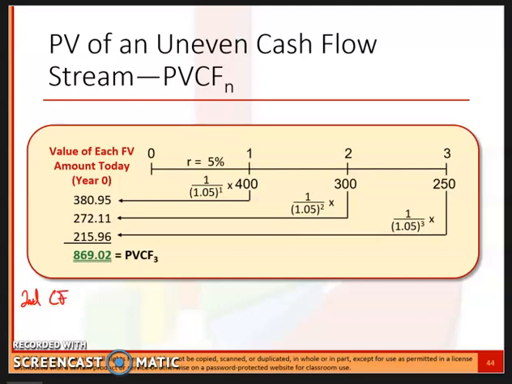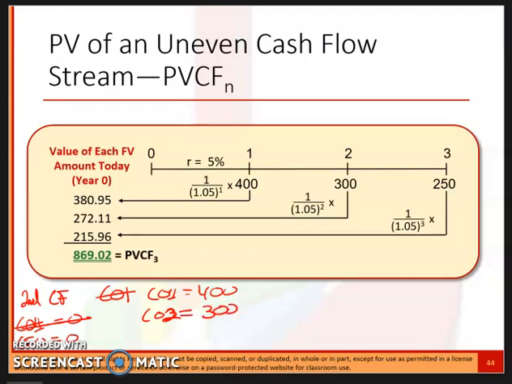Okay, so second, cash flow. CF0 is going to be 0. C01 is going to be the 400. Go down to the 400, enter. C02 is 300.